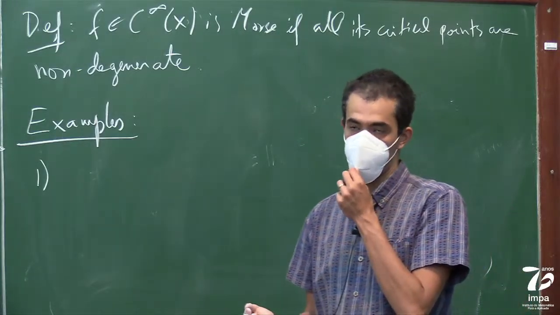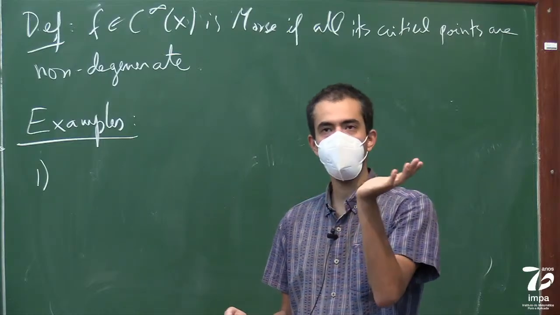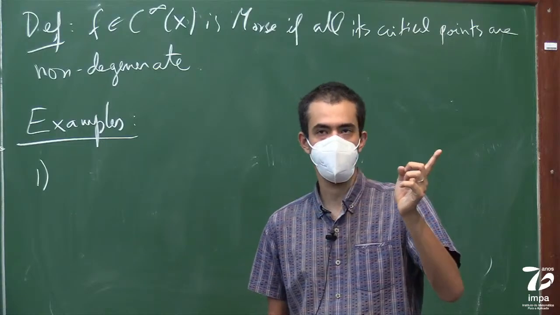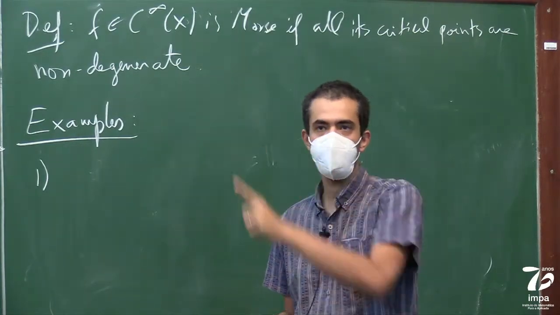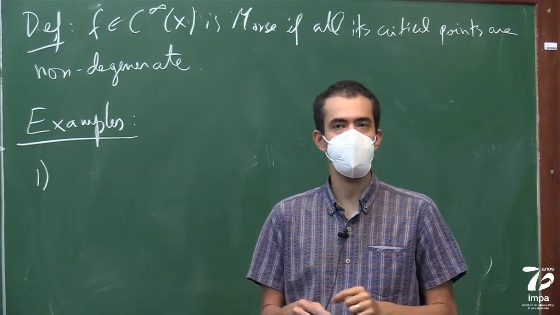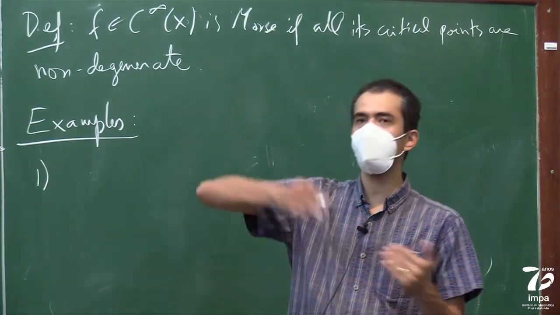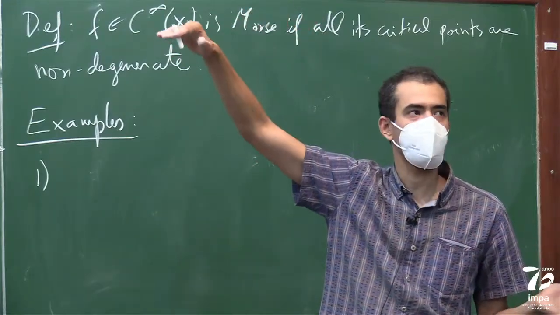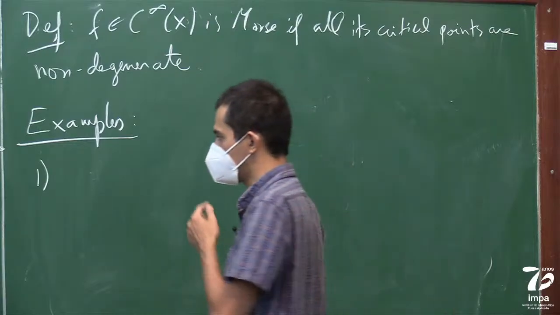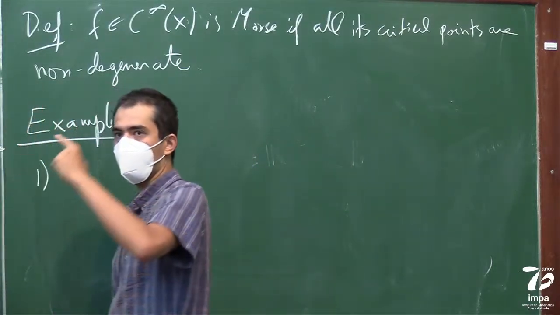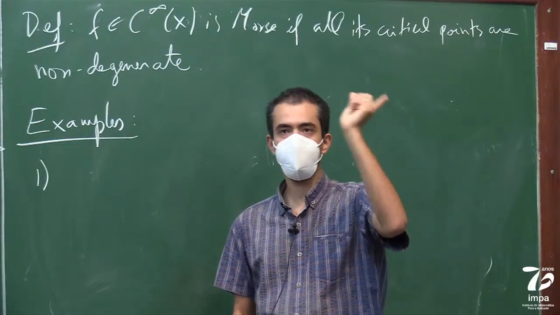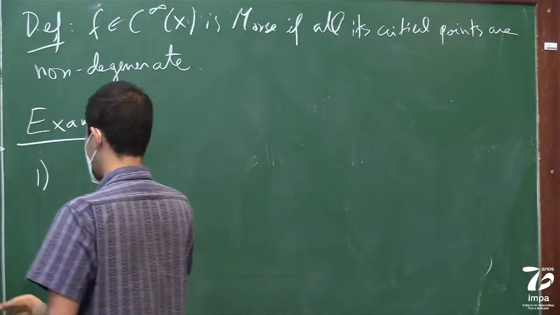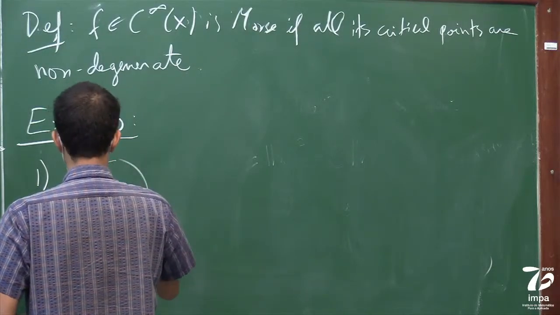In fact, you can prove using Sard's theorem that if you project onto the direction of a generic vector, then it will be a Morse function. So maybe a specific one is not Morse, but if you perturb the projection a little bit, then it'll become Morse. So maybe not necessarily a coordinate axis, but one generic vector, if you project into that direction, that will be a Morse function.